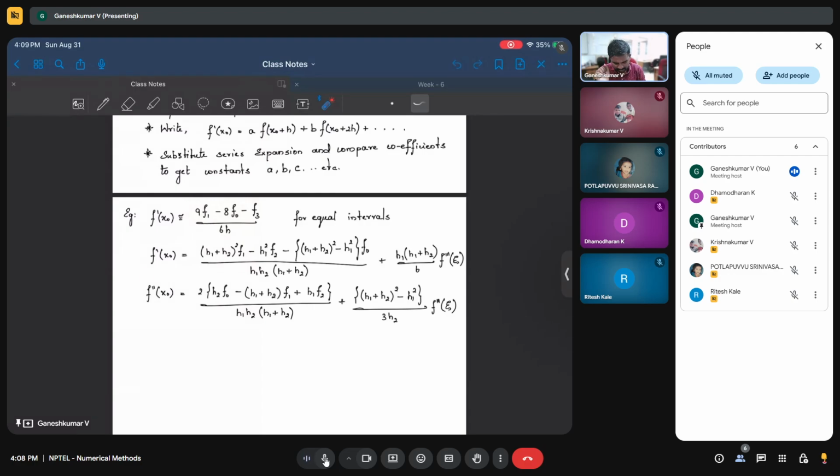Similarly, it doesn't matter, this was for equal intervals, you can also express it for unequal intervals. Instead of 1, 0 and 3, you can also express it as 1, 0 and minus 1. But when you do that, I think this is going to be 1, this will be minus 2, and this will be 1, and below it will probably be 2h.